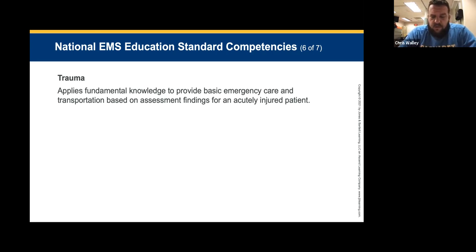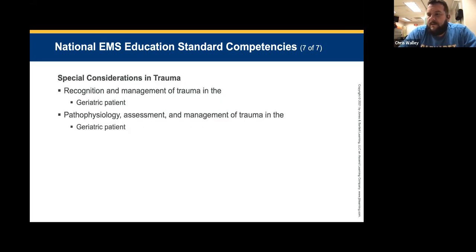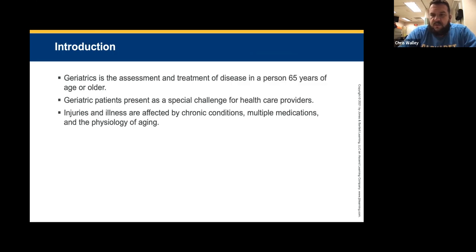Their overall intake of medicine, their drive, their heart, blood pressure, things like that, are going to deviate a little bit. Special considerations in trauma: recognize the management of trauma with a geriatric patient. We're talking about patho and physio and the management of a geriatric patient.